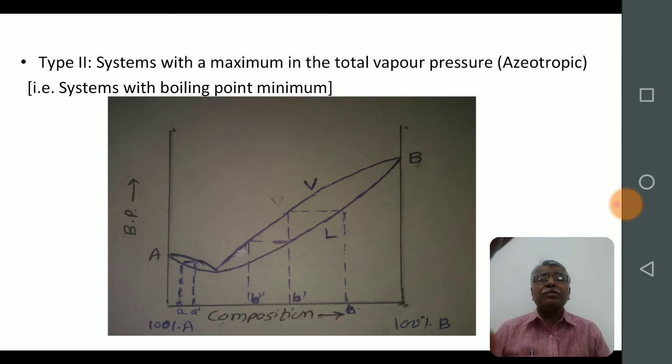If we condense these vapors, we will obtain the solution having composition B dash as shown in the figure. If we heat this solution, it will boil at its corresponding boiling point, and again the vapors become richer in component A. If we repeat this procedure, we will obtain the distillate as an azeotropic mixture, and the liquid residue becomes finally the pure liquid B.